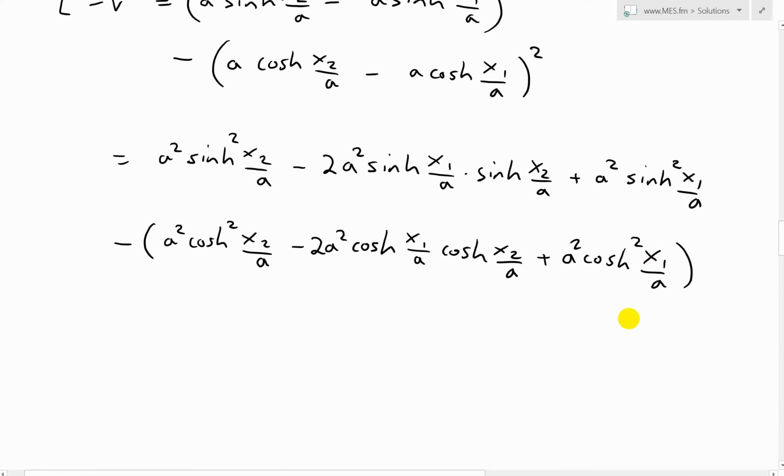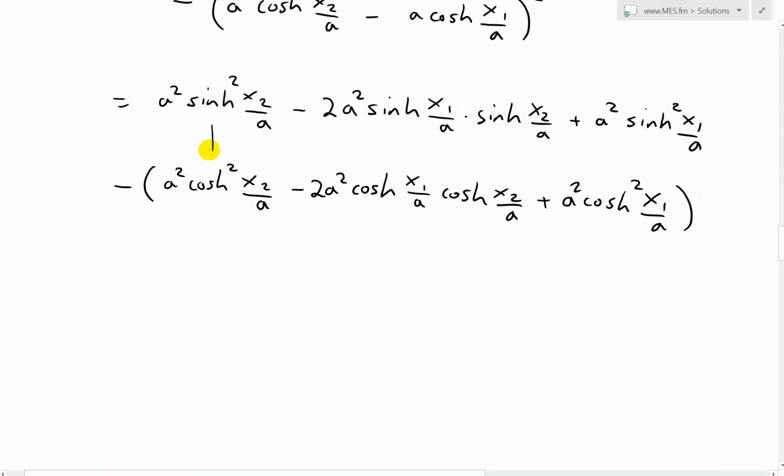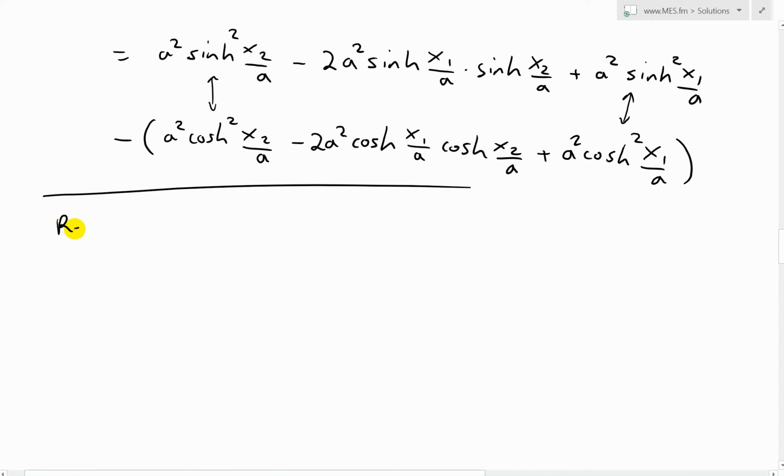The first thing we notice is we could use the basic hyperbolic trig identity to simplify this, because we have a sinh squared and a cosh squared with the same constant in front, a squared. So recall that cosh squared theta minus sinh squared theta equals 1.